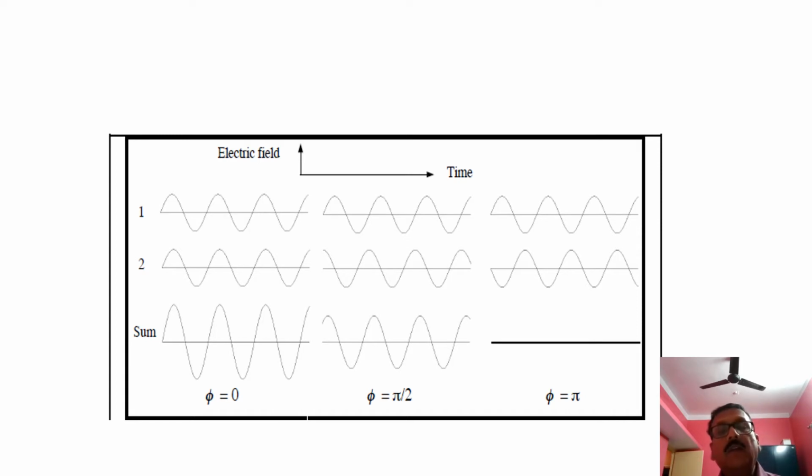In the middle figure, these two waves meet with a phase difference of pi by 2, so the resultant electric field has a smaller amplitude. In the rightmost graph, the two waves are shown to meet in opposite phase. That means a phase difference of pi, and therefore the resultant intensity becomes 0.